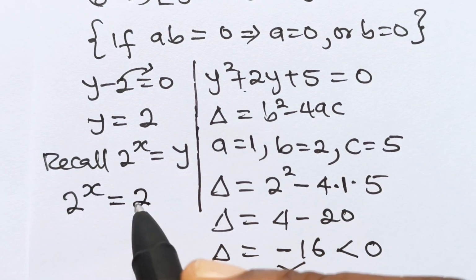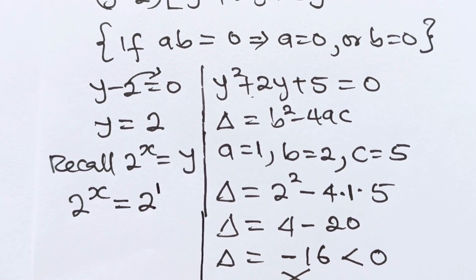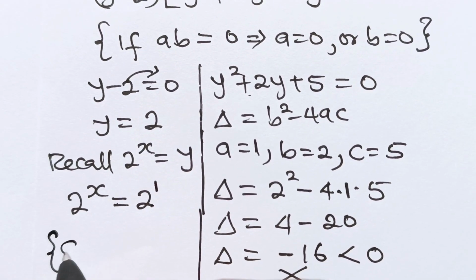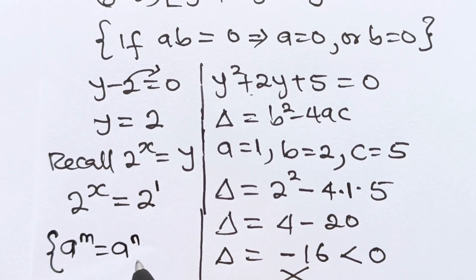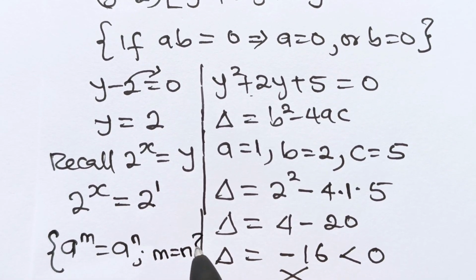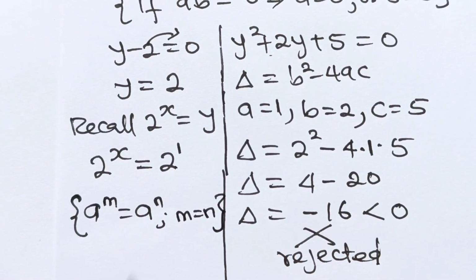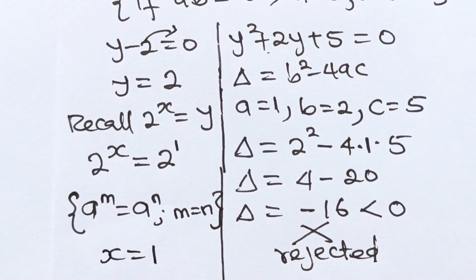Now 2 is the same thing as 2 to the power of 1. Now remember that if a to the power of m is equal to a to the power of n, that means that m is equal to n. So it means that we can say that x is equal to 1. Now let's verify.